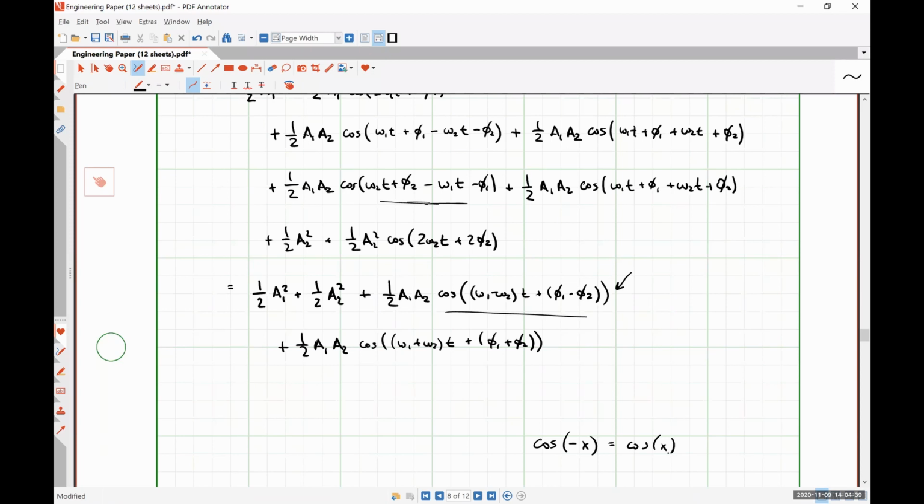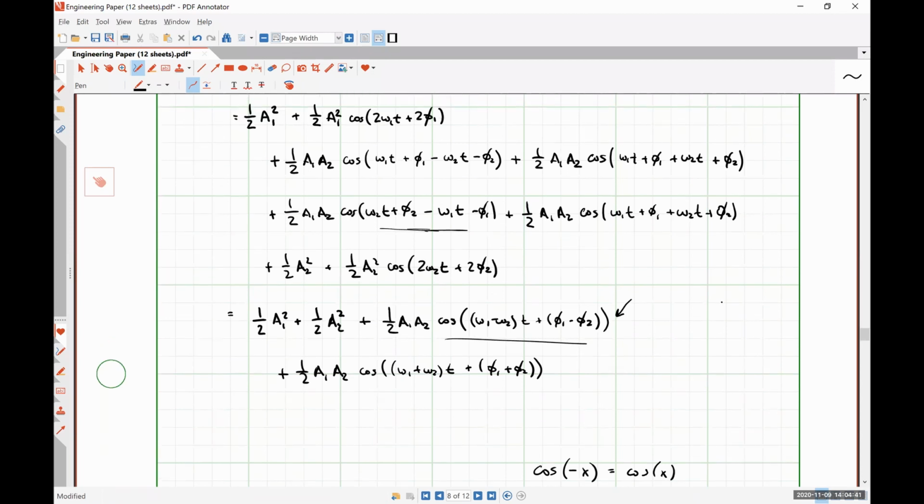Exactly right. So this term is the exact same thing as this term, except that it has the negative angle. That means we're going to get rid of that 1/2 right there because it's doubling that same term.